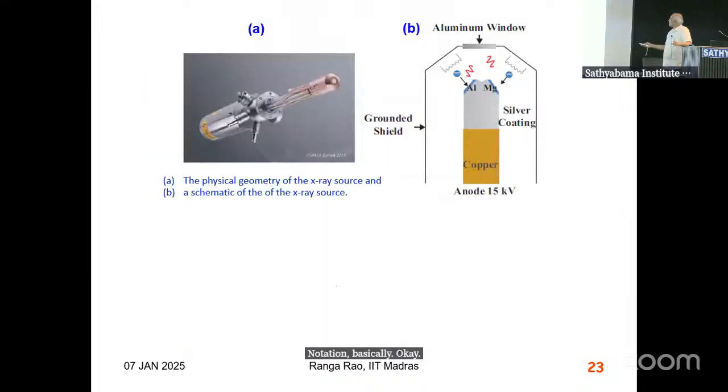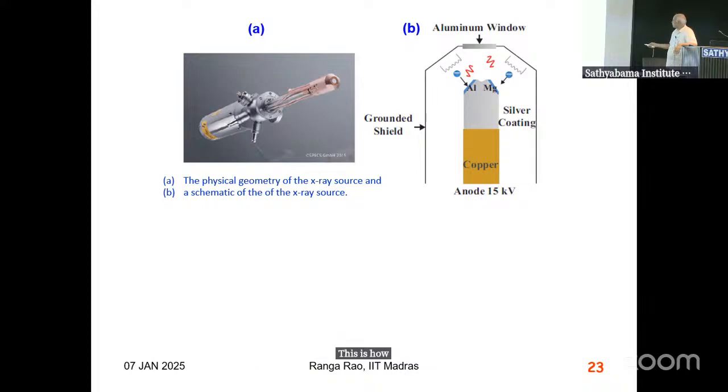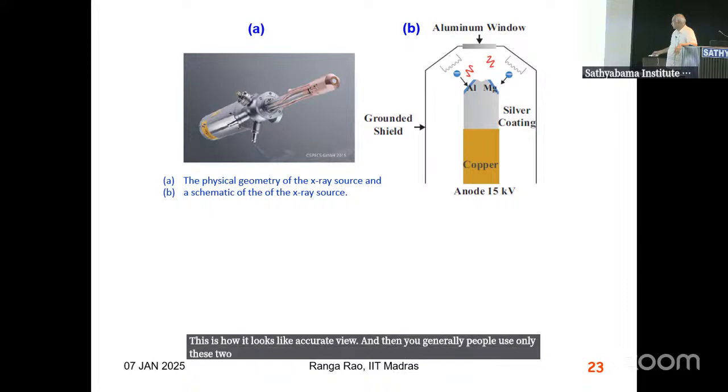These are again the X-ray tube, etc. As I showed you, aluminum and magnesium. This is how the X-ray tube looks. Generally people use only these two, but sometimes people go to zirconium and silver also. That's very rare, only for specific purposes.